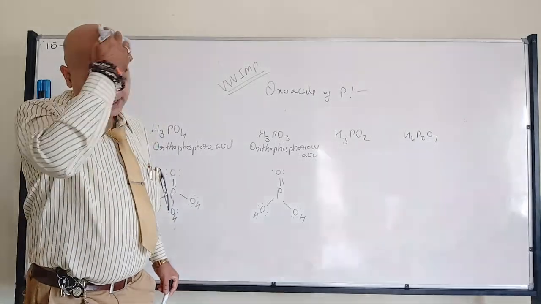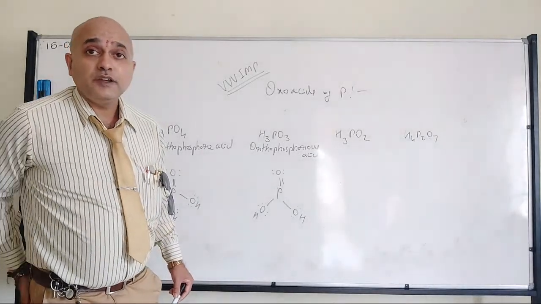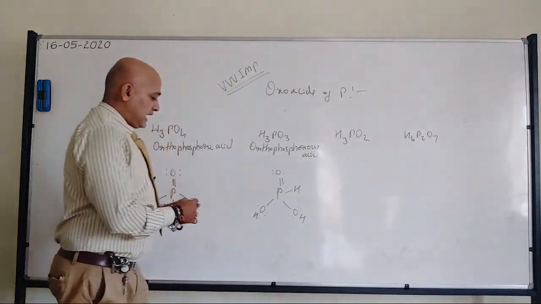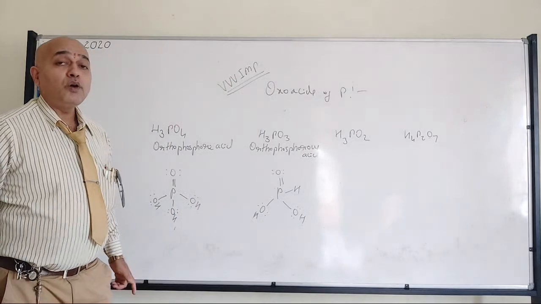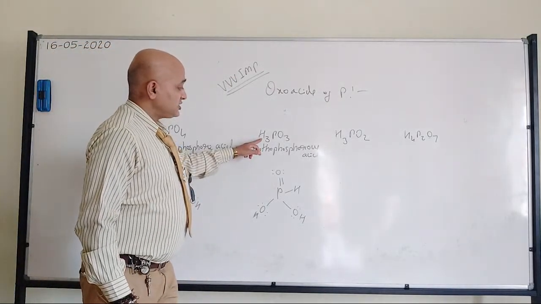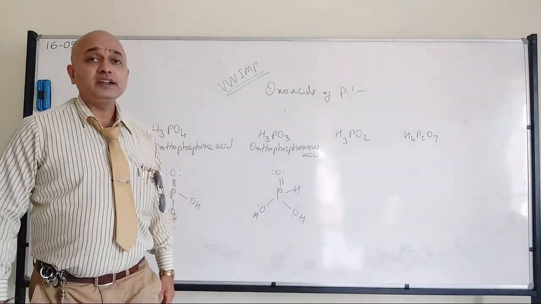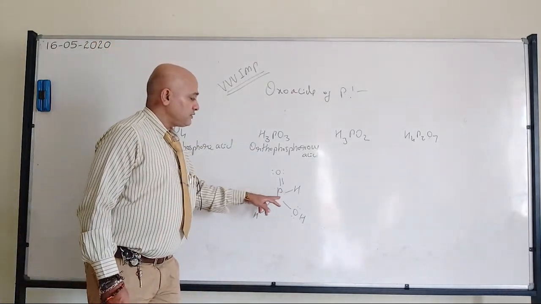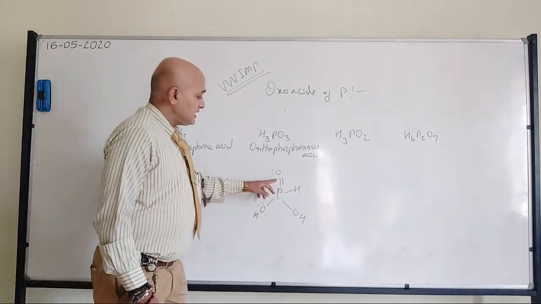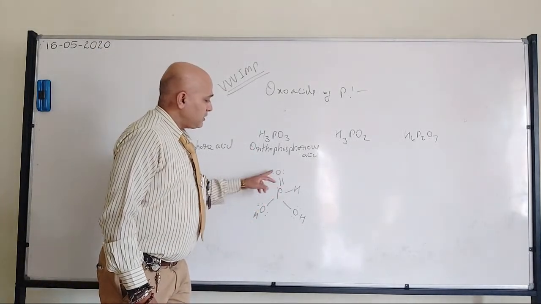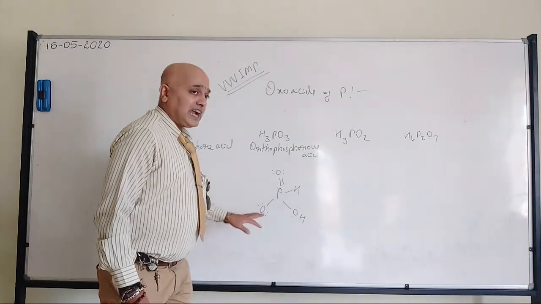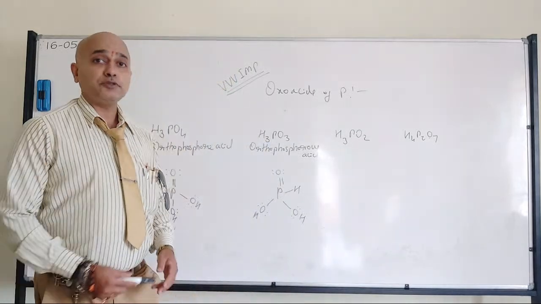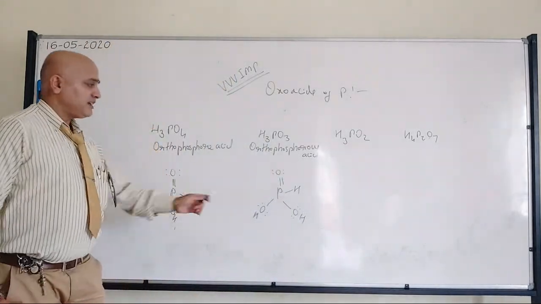So what it means is that one hydrogen will be directly bound to phosphorus. So here it is H3. Since H3 is there, one hydrogen will make a direct bond with the phosphorus, and there will be one double bond between any of these 3 oxygens, and whichever 2 oxygens do not have the double bond will hold the hydrogen. Fine.